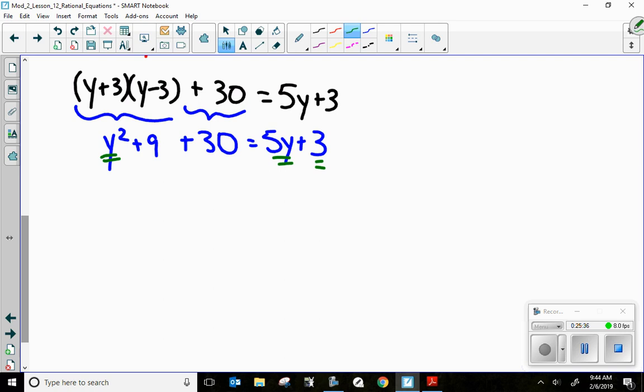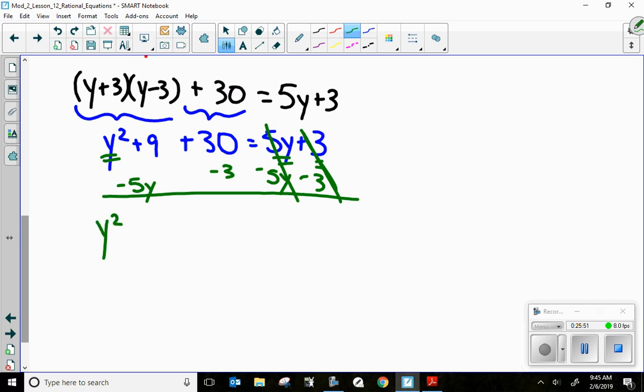Well, I'm going to subtract 5y from both sides. I'm going to subtract 3 from both sides. So I now have y squared with nothing to combine it with on the left side. I have minus 5y, and I have nothing else with a 5y.